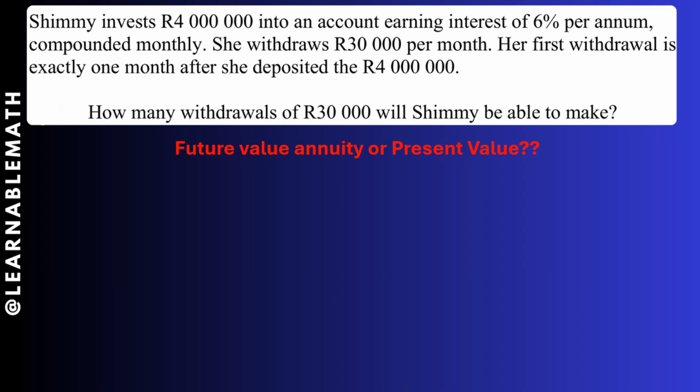For example, if I want to build a house in future, save money for school, or save money to buy a car, I'm making a deposit every month. That is a future value annuity: how much are you paying at regular fixed intervals of time, such that you are trying to save for something in future. So it's very different from present value.